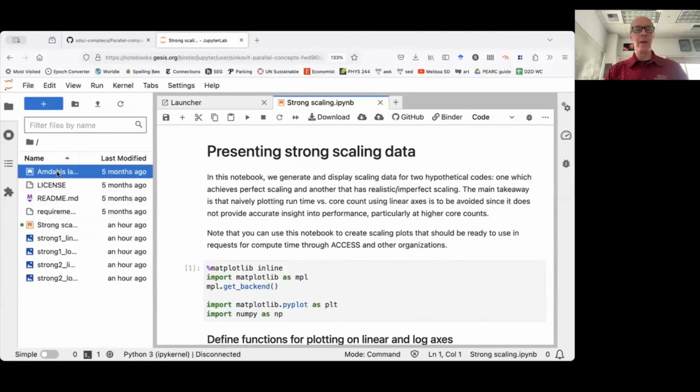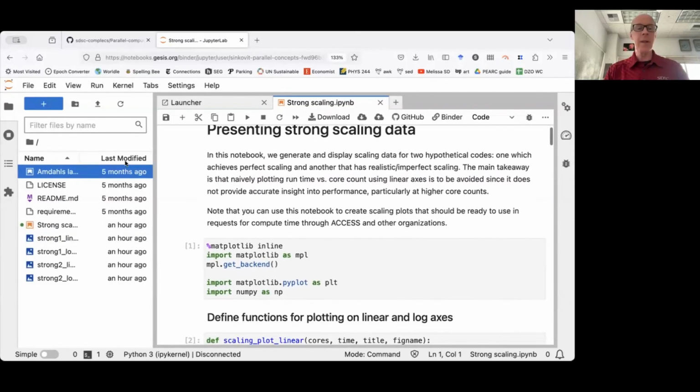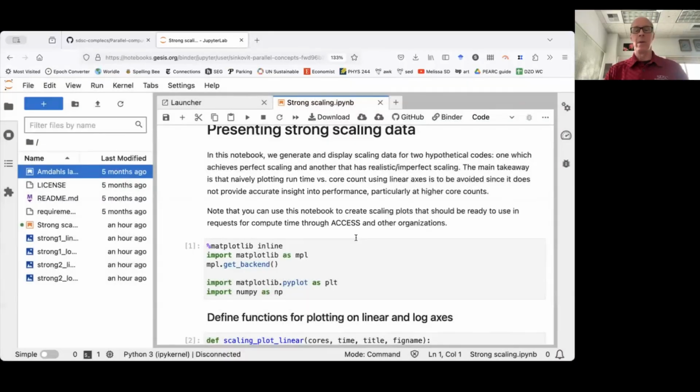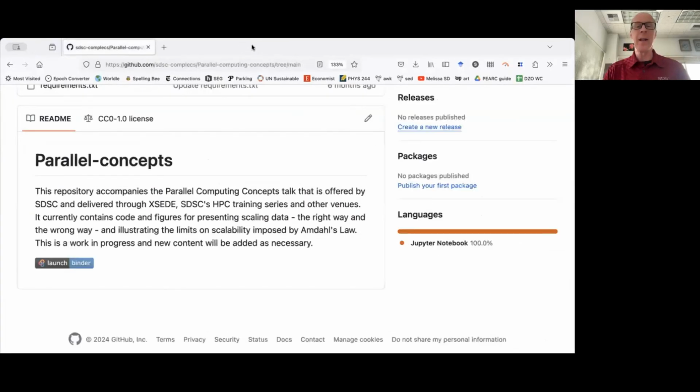We'll go to the Amdahl's law example first. No, I think my session must have expired. I started that too early.